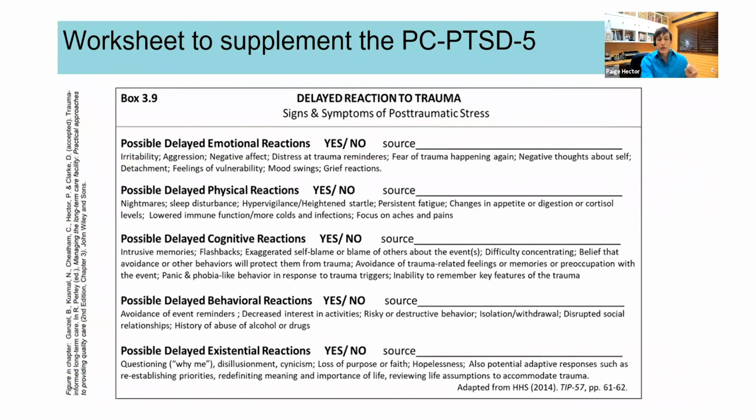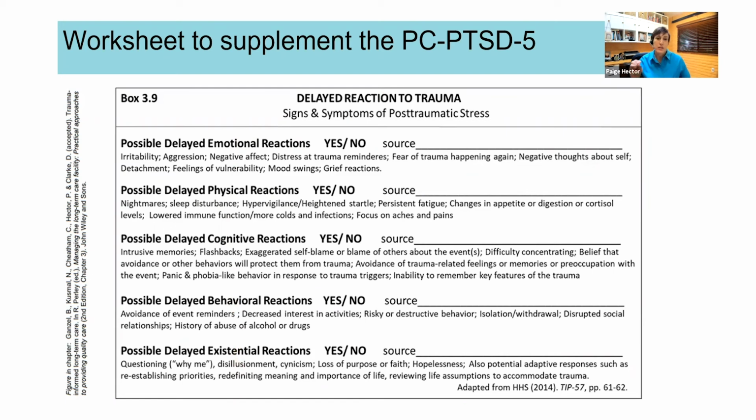Another tool, and this is another wonderful one, you can take this, print it, use this as part of your screening process. What we know is that there can be delayed reactions to trauma over several different domains, for example, emotional, physical, cognitive, behavioral, and existential.